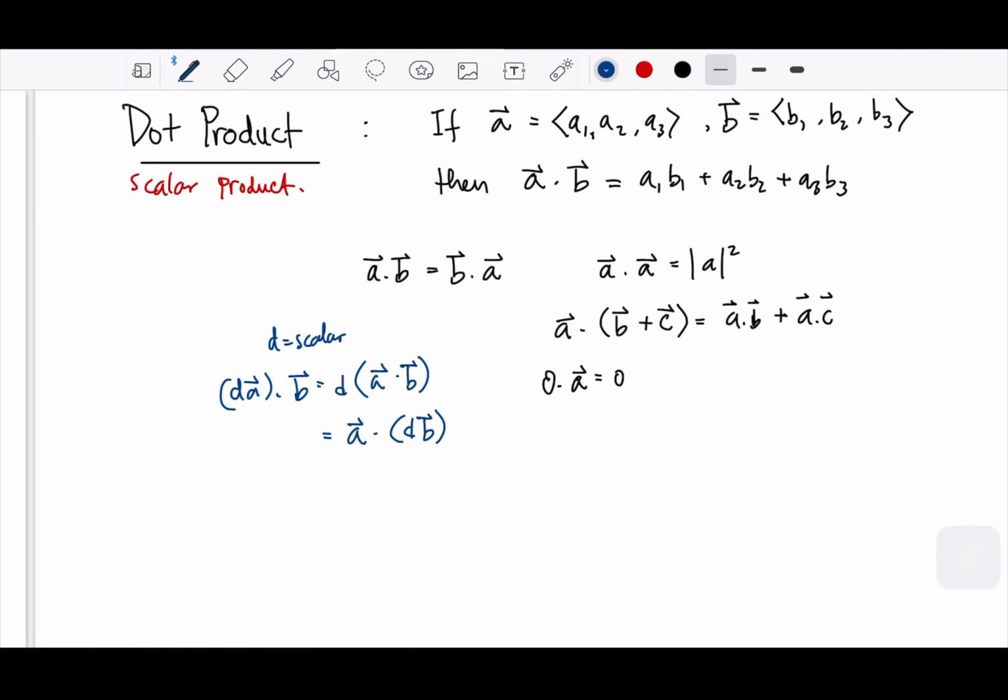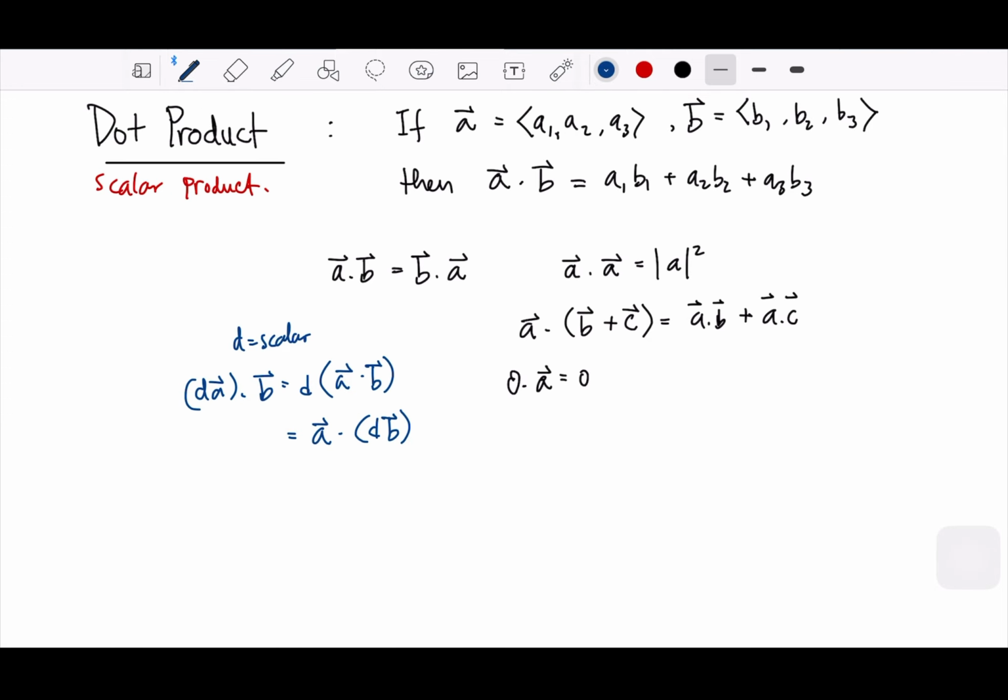Another important use of the dot product is the angle between vectors.